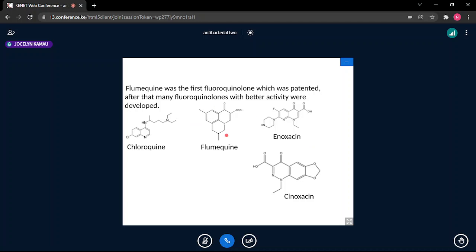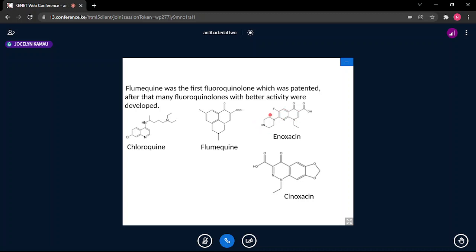When you look at enoxacin, you can see quite some structural difference. You can see the nitrogen here. Even this nitrogen here is substituted with an alkyl group, and that nitrogen there is substituted with an ethyl group. Again, you have your fluorine just as you have there, but of importance is the piperazine group that is attached to this number 7. 1, 2, 3, 4, 5, 6, 7, 8.